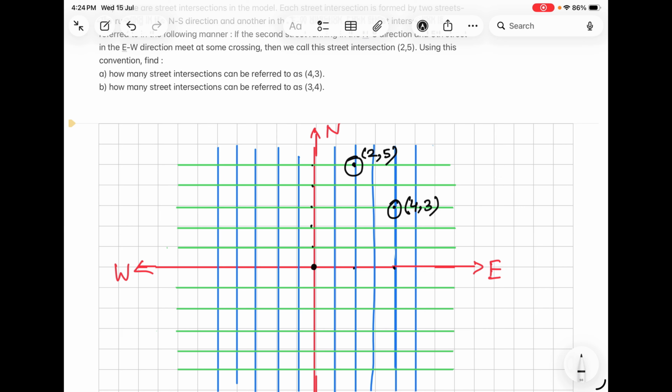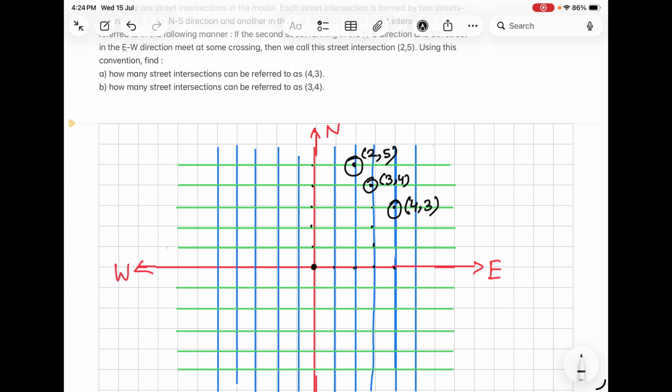Similarly, in part B, how many street intersections can be referred to as 3-4? So where is 3? 1, 2, 3 and 4: 1, 2, 3, 4. So here is the 3-4 point, where only one street intersection can be referred to as 3-4.